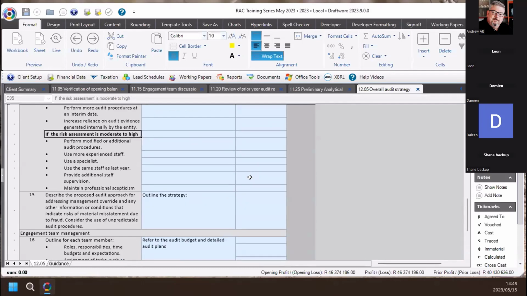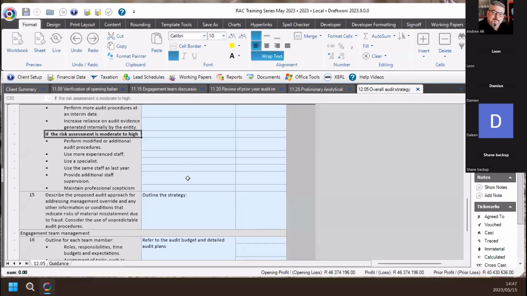There's that whole thing about the ways to alter your strategy for higher risks, like introducing unpredictability in your testing. So testing things in a different way because maybe the client is used to how you might want to modify things.